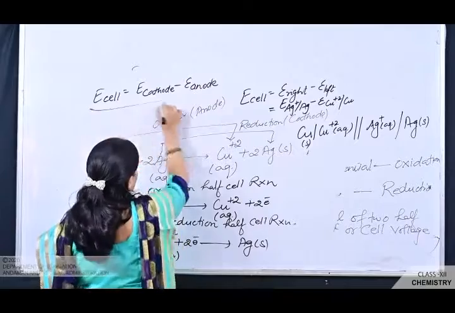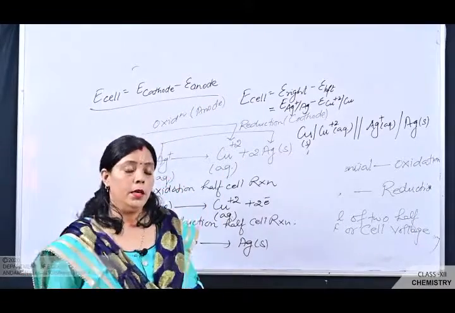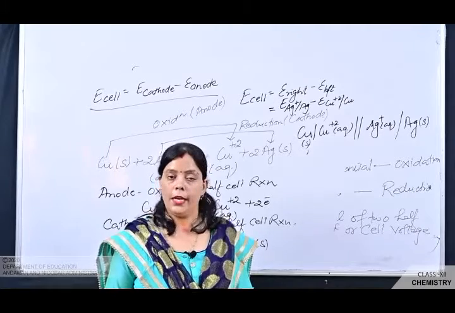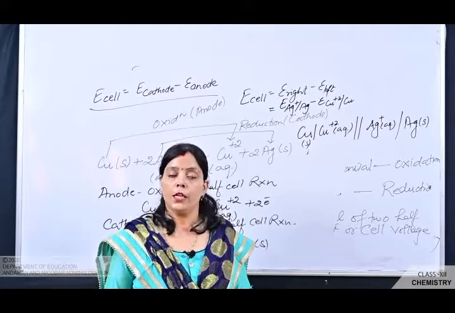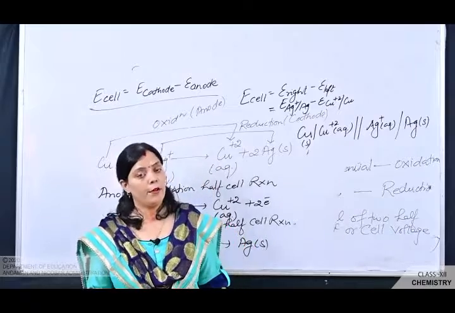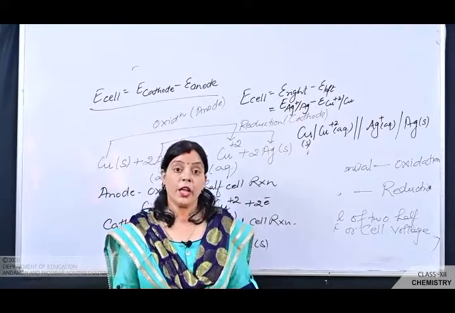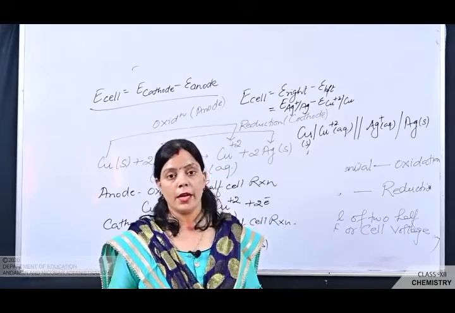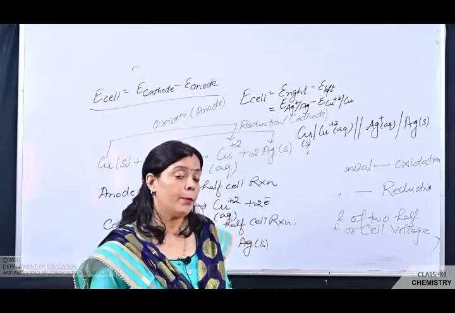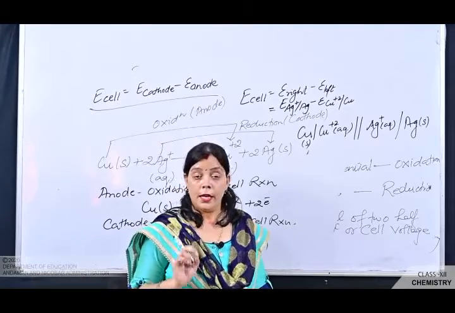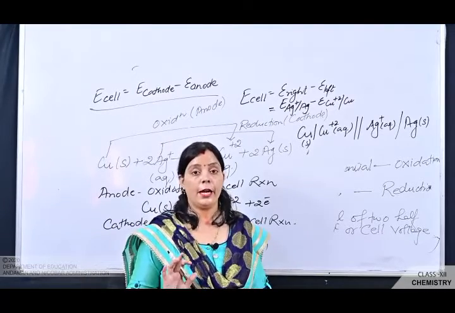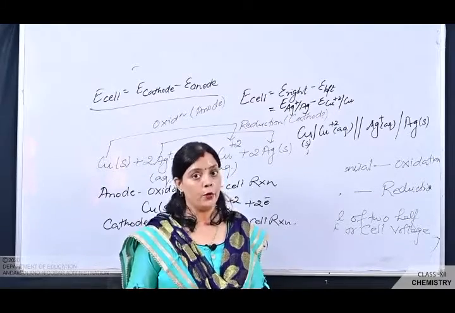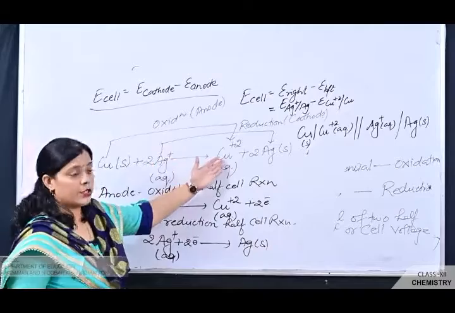This is the basic formula to calculate the E cell voltage or EMF of the electrochemical cell. The EMF of a cell is defined as the potential difference between the two terminals of the cell when no current is drawn from it. And one important point, notice that E cell, meaning cell voltage or electromotive force, is always a positive value.